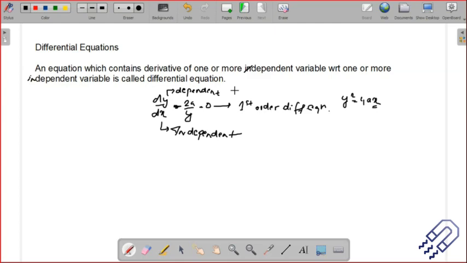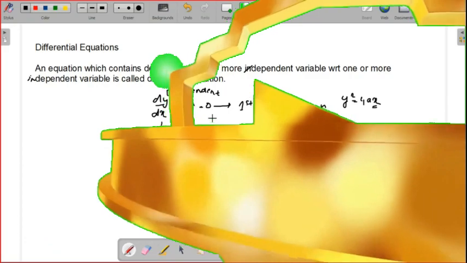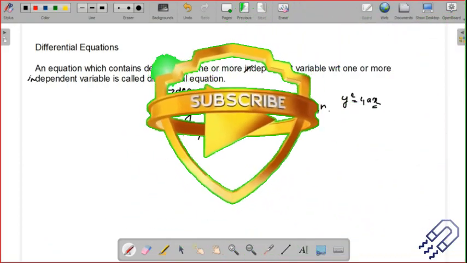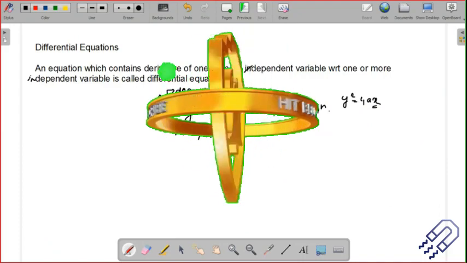There is also something called the ordinary differential equation. A differential equation which contains ordinary derivatives of one or more dependent variables, but with respect to only one independent variable. So there will be only one independent variable. This example is also an example of an ordinary differential equation.